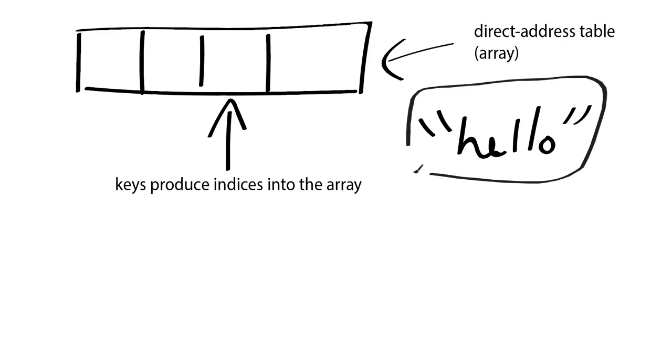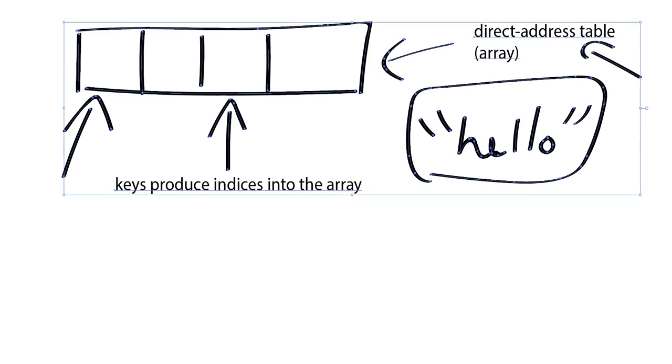Because this could very well be used as a key, but it's obviously not an integer, so how do we use it as an index? And also, think about how long this array would get as we add more and more keys, right? We'd have a super big array if that was the case. So these are a few problems we see right off the bat using this direct address table.